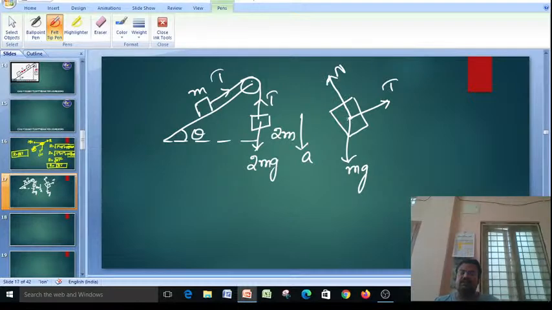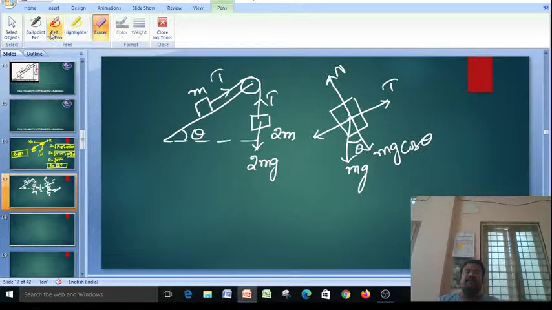Now mg will be resolved into two components in this case. Let us take this angle subtended. This is mg cos theta, and another one you have to take on this side. This is acting in this direction. This is mg sin theta, acting in this direction. So I resolved the weight of the object into two components, that is mg cos theta and mg sin theta.